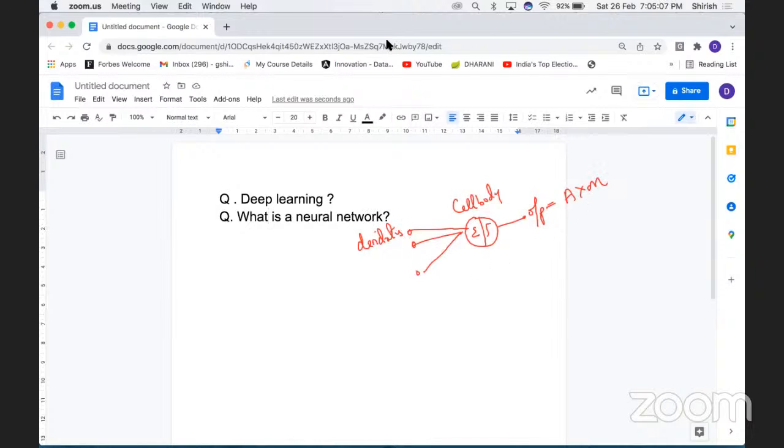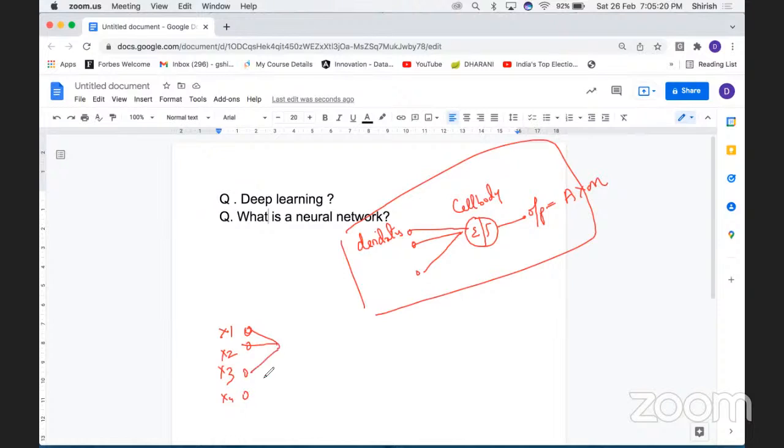So replicating the same setup, we have the inputs. These are nothing but your features. All are integrated, summation is done, and you will have an activation function which will give us the result.